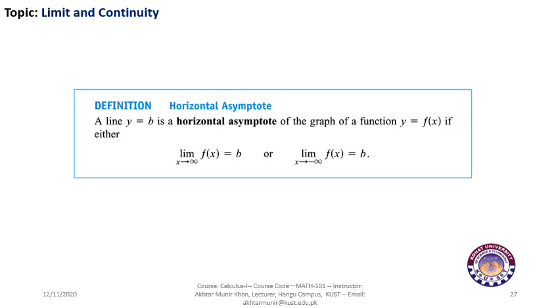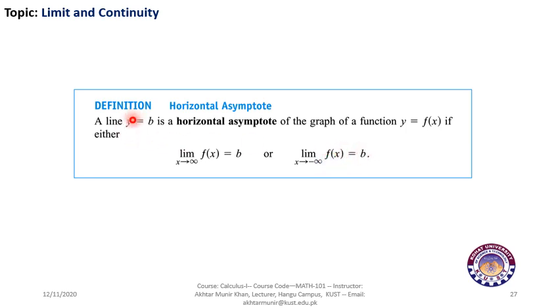Now we move to the application of the limit of a function at infinity, which leads to the asymptotes of a function. Asymptotes will be defined in this way. A line y equals b is said to be the horizontal asymptote of the graph of a function y equals f of x if either limit x approaches infinity f of x equals b, or limit x approaches minus infinity f of x equals b.